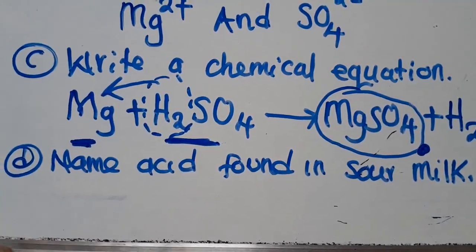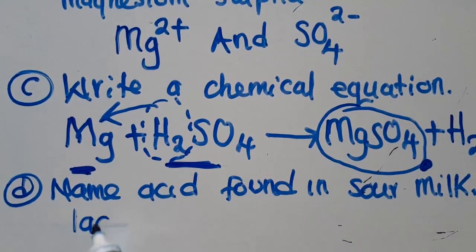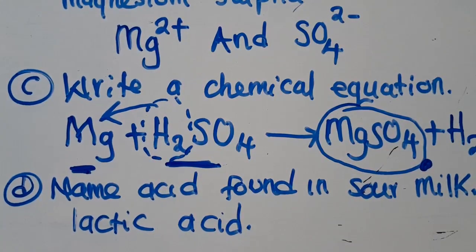It is called lactic acid. This is the acid that is found in sour milk. So this is how we are supposed to answer this question, and these are the methods that you were supposed to use. Let's make sure we understand this clearly and get all the necessary concepts.